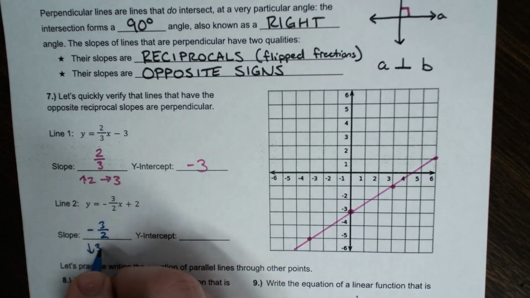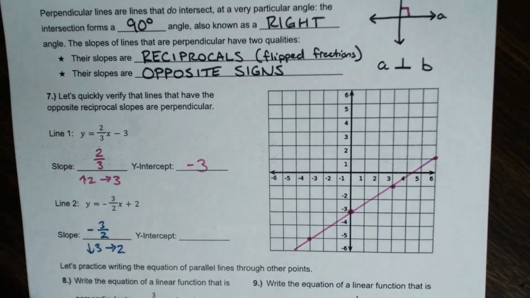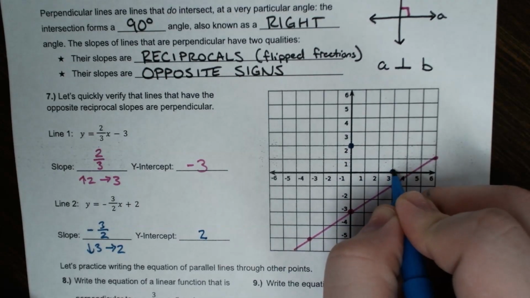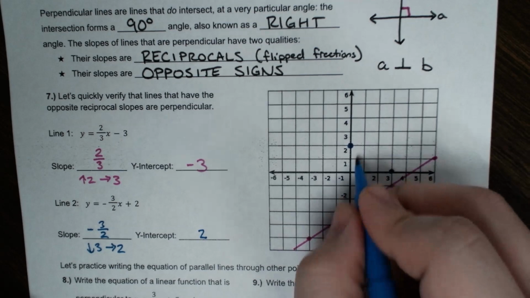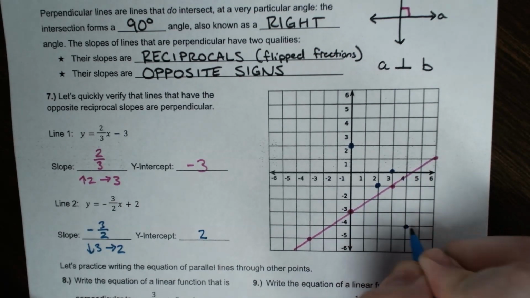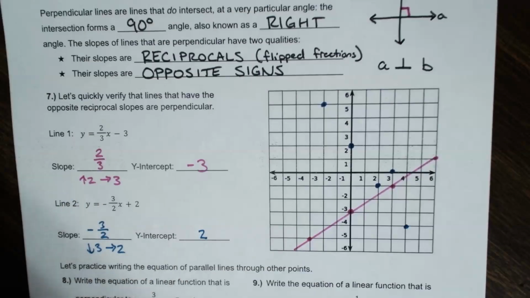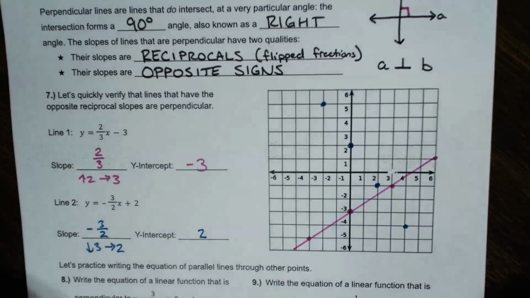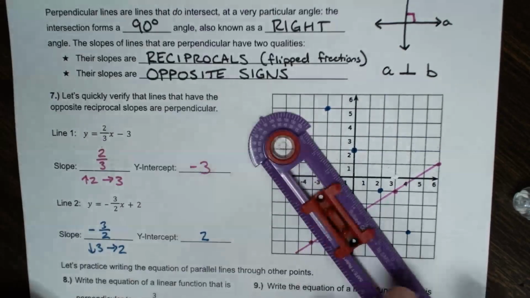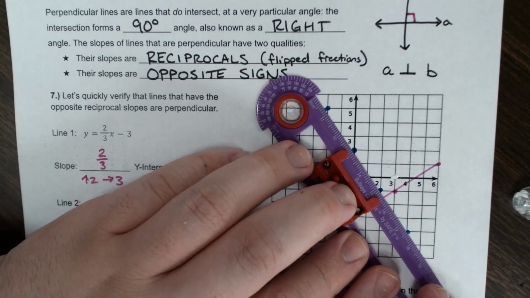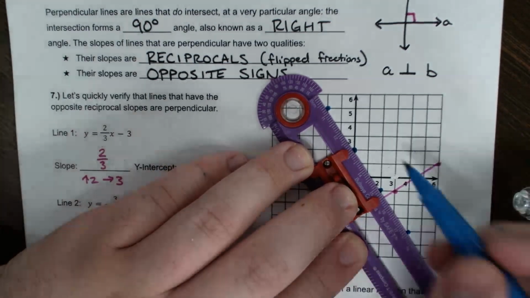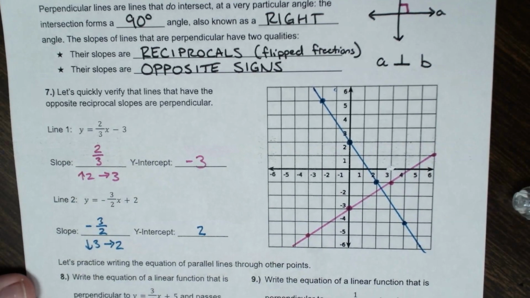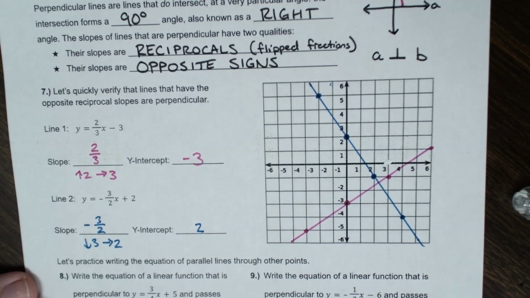That tells us to go down 3 and right 2, starting at the y-intercept of positive 2. Those two lines look perpendicular enough? Cool.